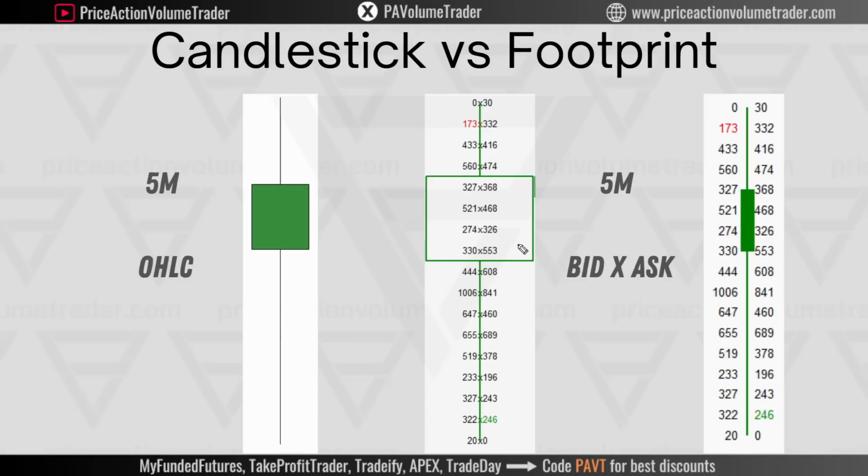So for example, this is taken from the S&P 500, the ES futures market, which is comprised of 4 ticks for every point. That means for every point we get 4 ticks, and every tick is going to be 0.25 points, okay? And so pretty much every level here is going to be equivalent to 1 tick in the ES market.